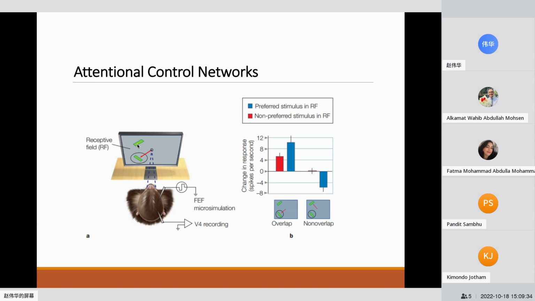And FEF, or frontal eye field, recordings were performed for neurons whose saccade vector was toward the neuron's receptive field, or for neurons whose vector was away, toward the other stimuli.